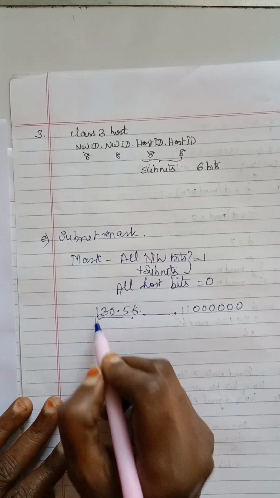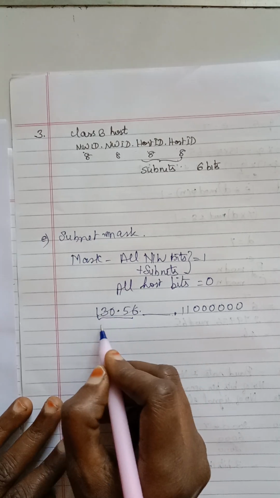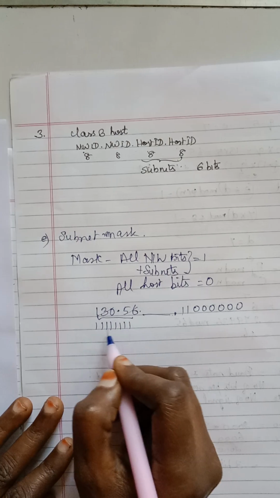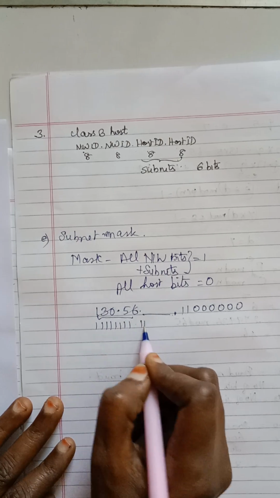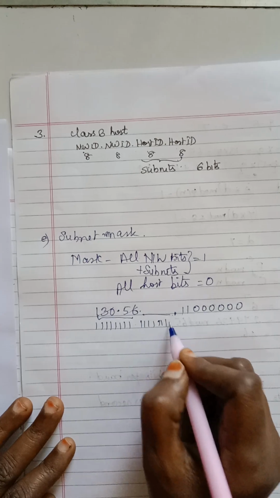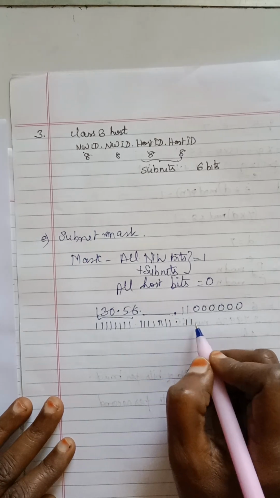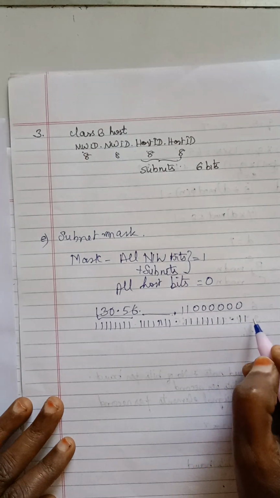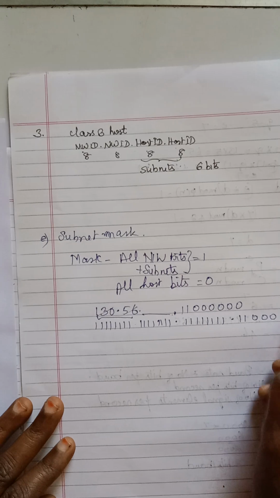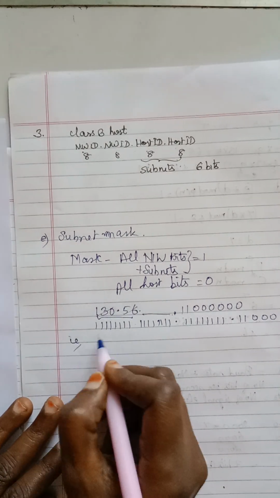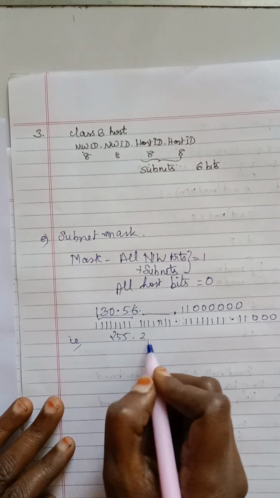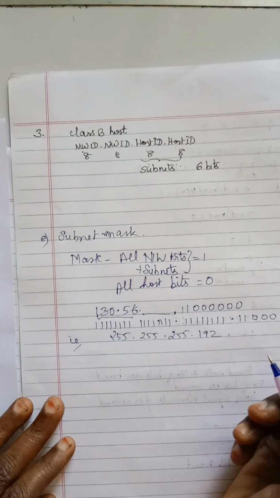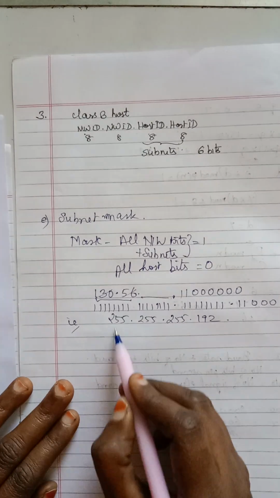It won't be 130, all ones only will be there. So 11111111 dot 11111111 dot 11111111 dot 11000000. That is, this value is 255.255.255.192. So this is the value of the subnet mask.